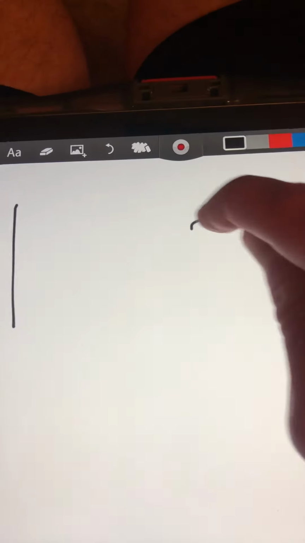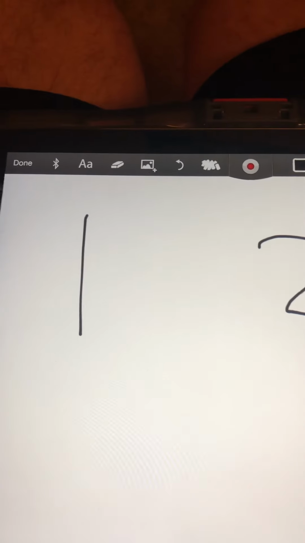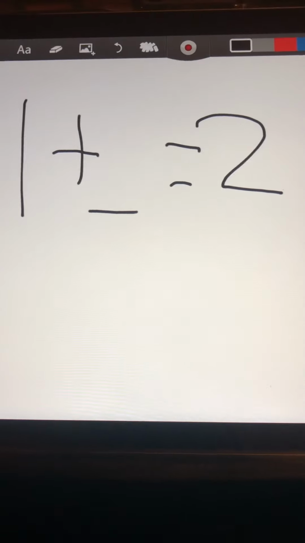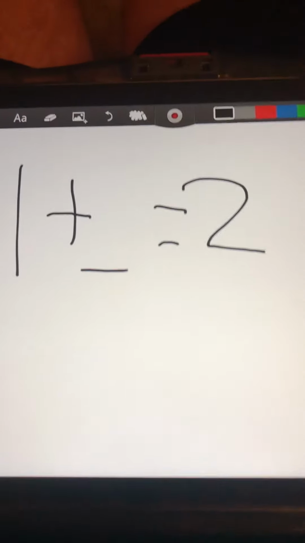So he starts at 1 o'clock and ends at 2 o'clock. So 1 is the hour he starts at, plus however long he reads for is going to equal 2, the time that he ends at. So 1 plus what equals 2?